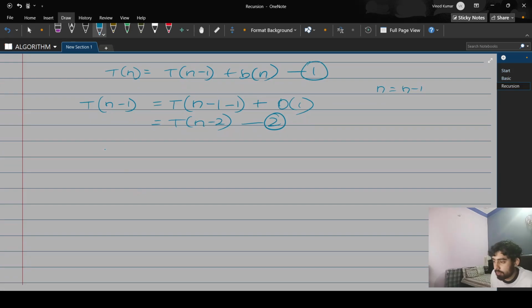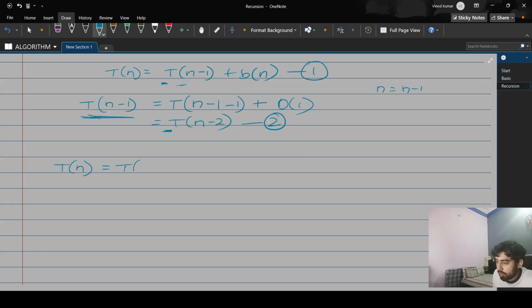Now you have to take the reference of this equation to solve this equation. For example, T of n will be equal to, this is the value of T of n minus 1. We can keep this here.